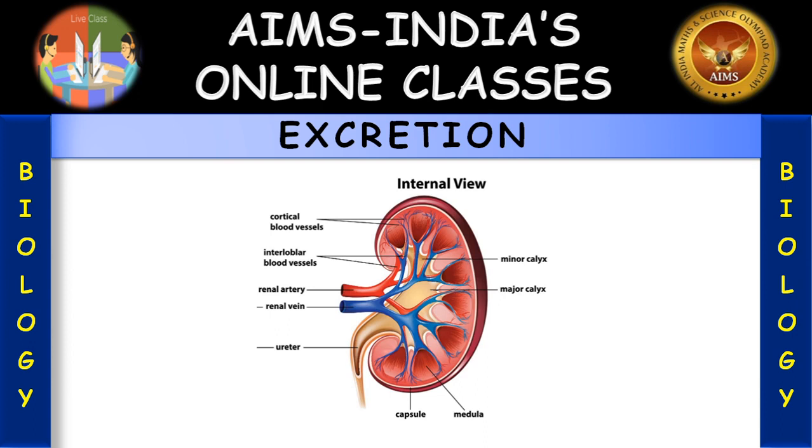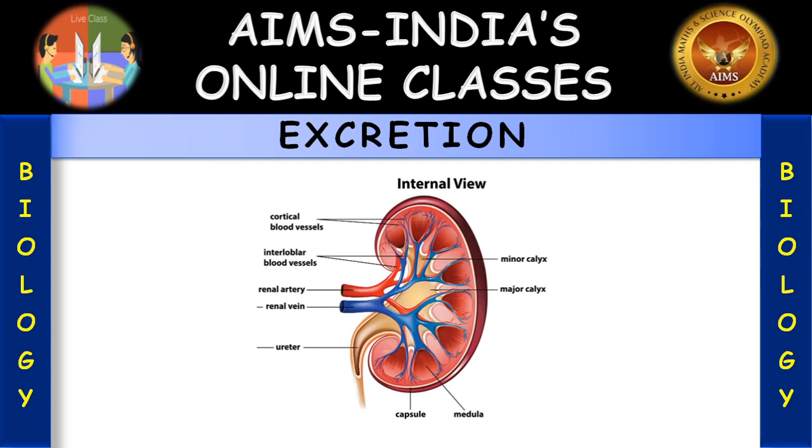Then a nephron comprises glomerulus, Bowman's capsule, proximal convoluted tubule, Henle's loop, distal convoluted tubule, and a collecting duct or collecting tubule. The formation of urine involves four main steps.